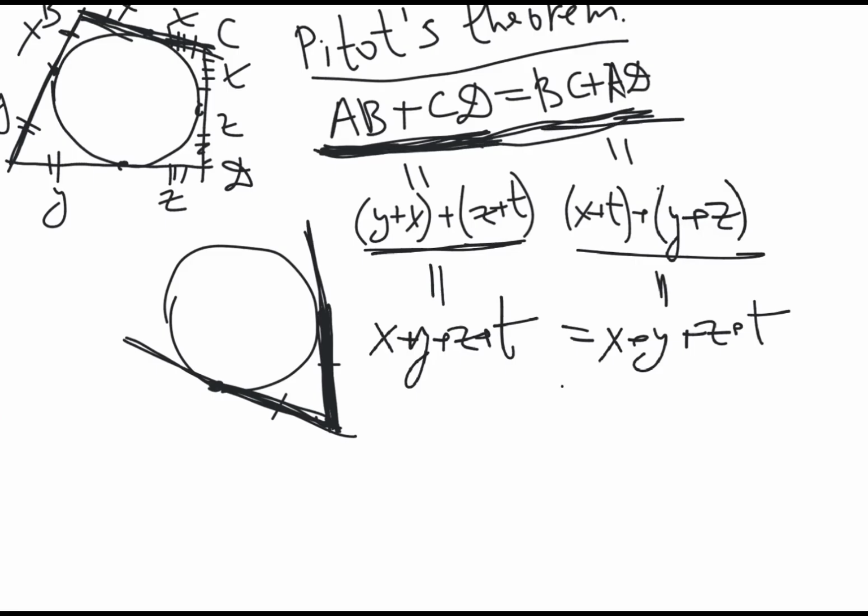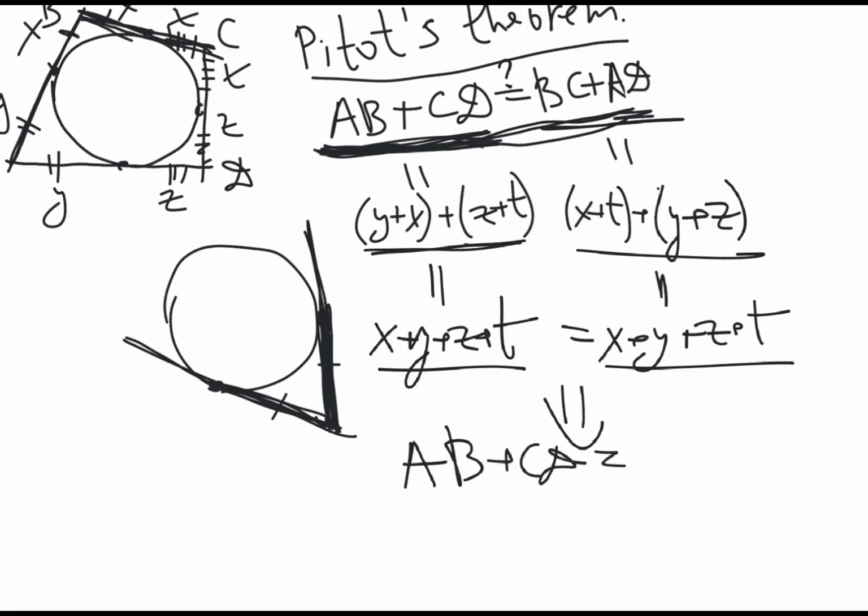We didn't know yet that they're equal, but from the equality of these two expressions, we conclude that AB plus CD is equal to BC plus AD. So the theorem is proven.